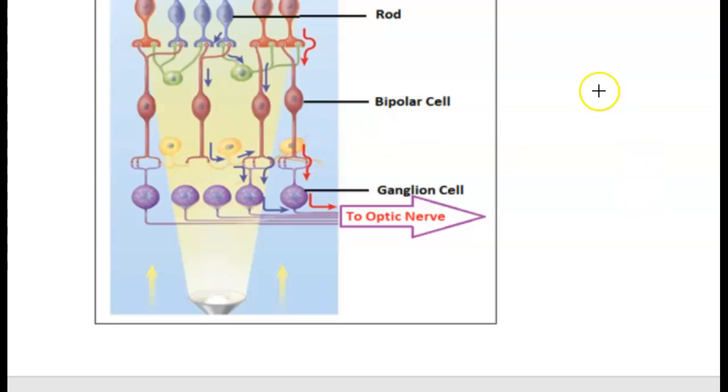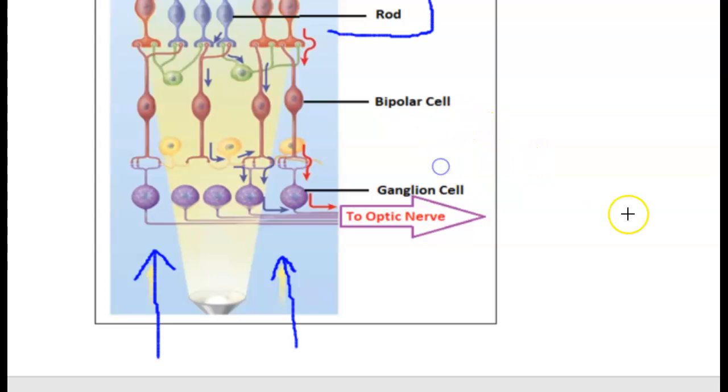So the detailed larger picture comes from the back of the eye, and it shows right here is the back of the retina. And light enters the eye anteriorly. So this more detailed picture that you have shows light coming in anteriorly, and yet the photoreceptors, the rods and the cones, are very posterior.